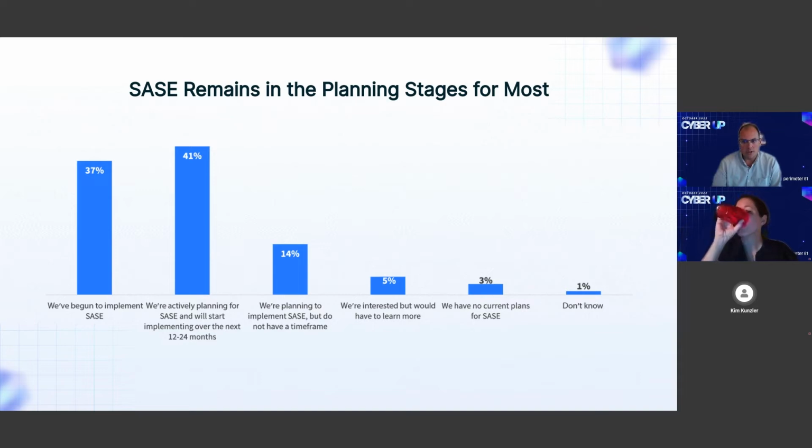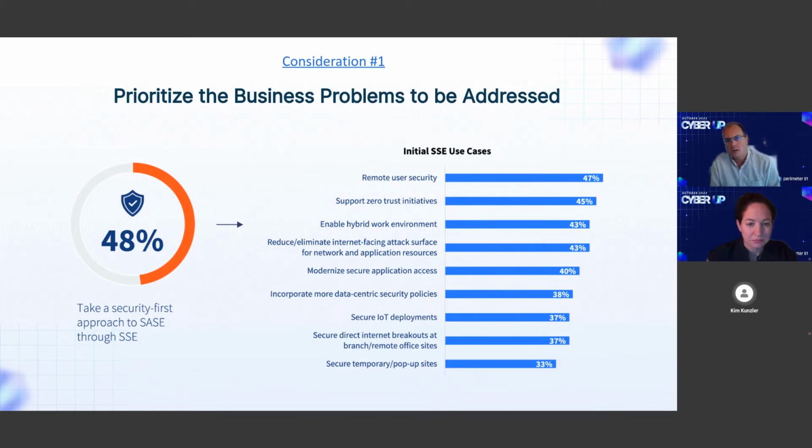With remote workers, I think we saw that shift not only to a security focus, but really that broadening applicability to organizations of all sizes, types, IT sophistication, and so on. So with that said, I'll walk through 6 considerations to be thinking about as you start planning for SSE and SASE more broadly.